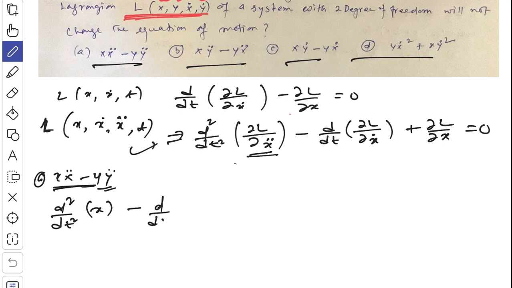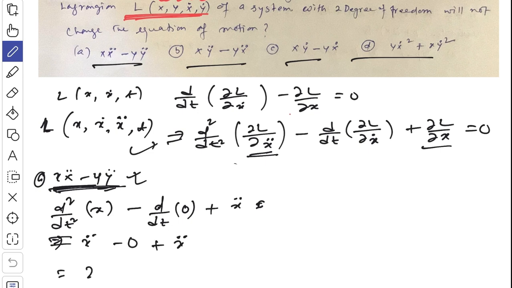Then minus d by dt: if you differentiate with respect to x dot, this term doesn't contain x dot, so it will be 0. Then plus, if you differentiate with respect to x, you will get only x dot. So let me check, is that equal to 0 or not? This is x double dot, this is 0, and this is plus x double dot, so this becomes twice x double dot, so it is not equal to 0. So the first option is not correct.